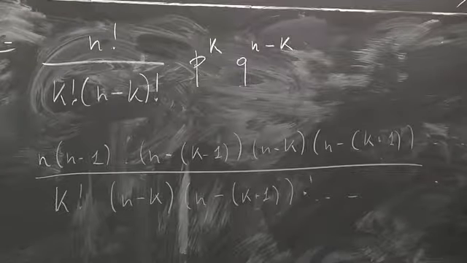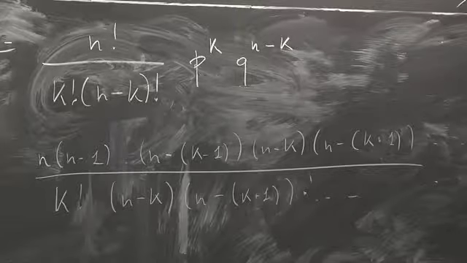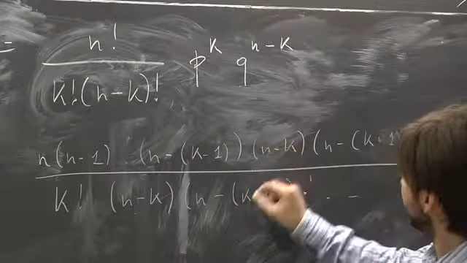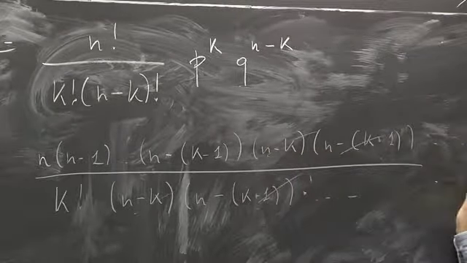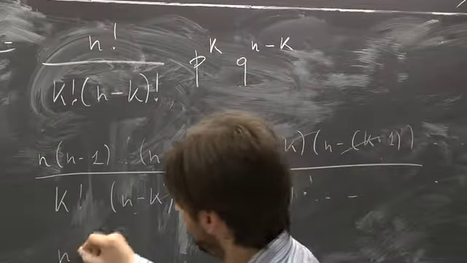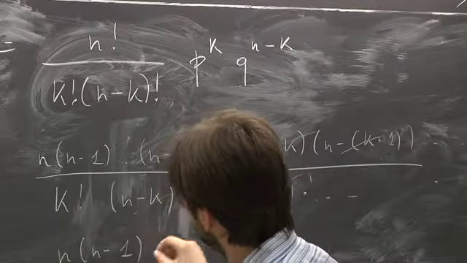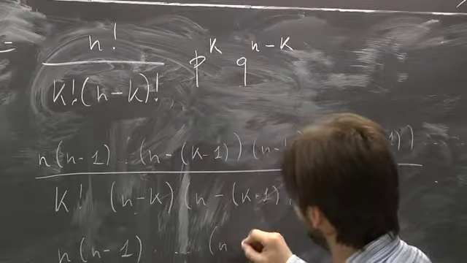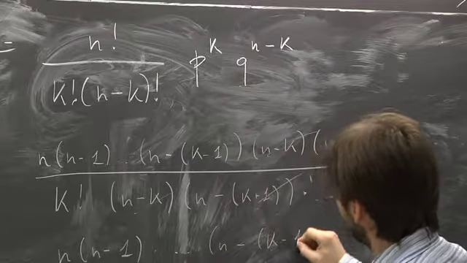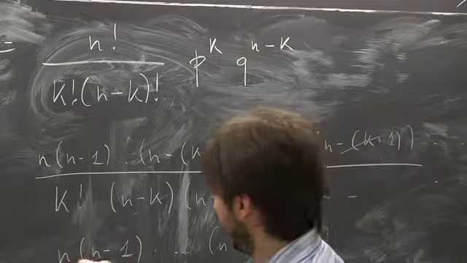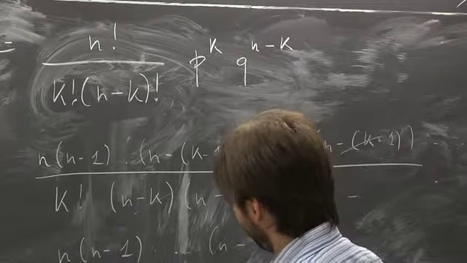Then you have p to the k, q to the n minus k. So you see that this just simplifies this part, and you end up with n times n minus 1 up to n minus k plus 1, divided by k factorial.